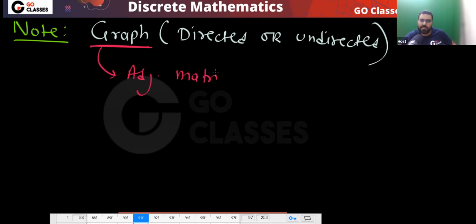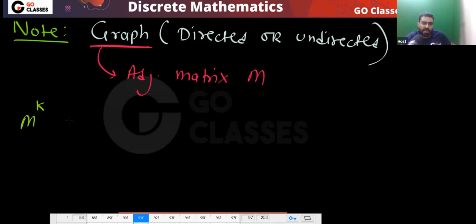You have this adjacency matrix M. And this is the result: if you do M power K, where K can be any non-negative integer, K greater than or equal to 1, then what will it give you?